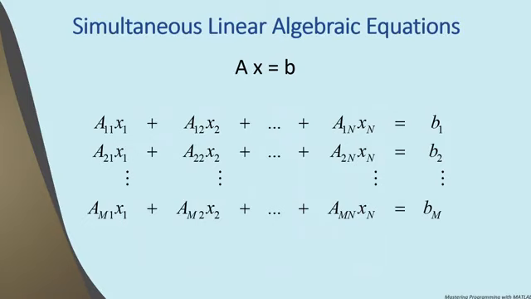And there's something else special about them. They're linear. Linear means that there are no unknowns multiplied times each other or times themselves. So, for example, you won't find x1 multiplied times x2 or x1 multiplied times itself. When equations have both these special qualities, they're called simultaneous linear equations.